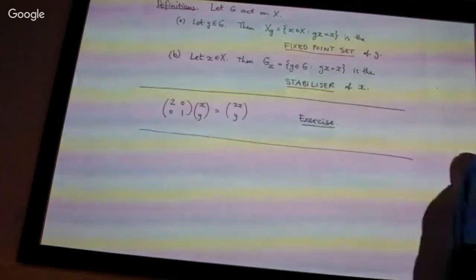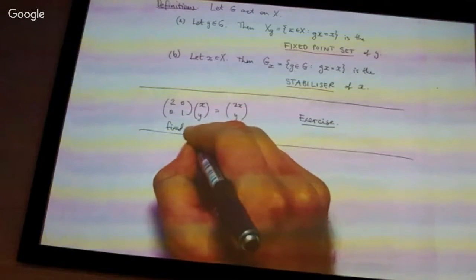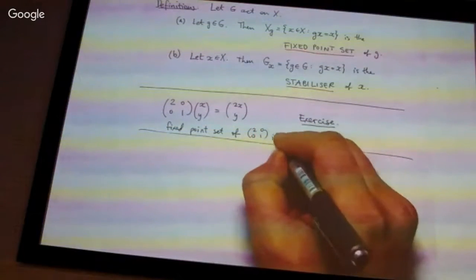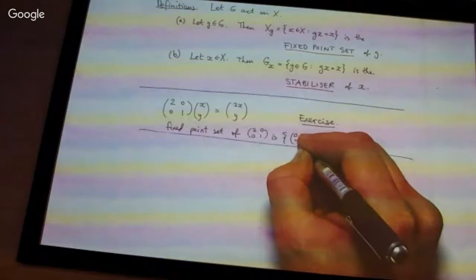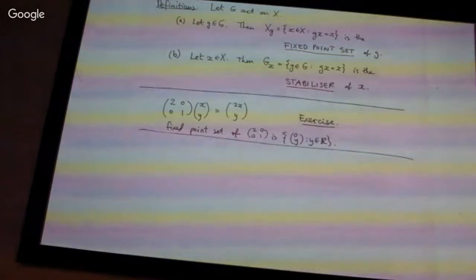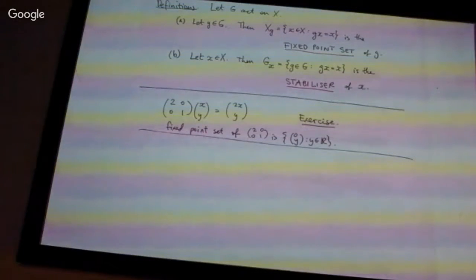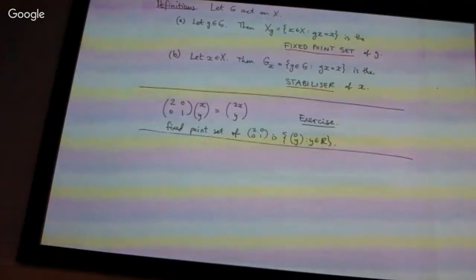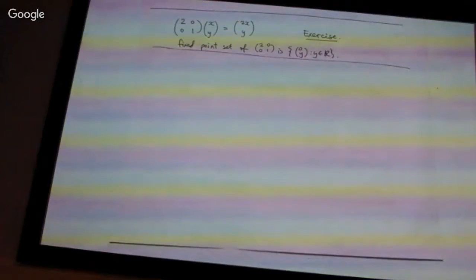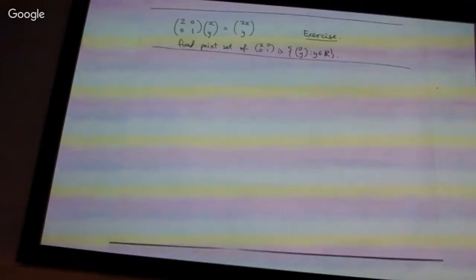So in this case, that is the fixed point set: all the things where x is 0 and y is anything. Maybe I'm going slower than actually is necessary. Okay, but this one is easy.